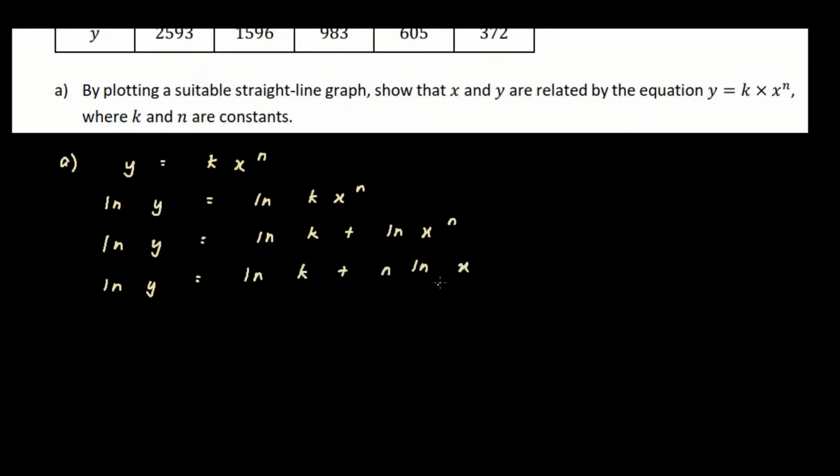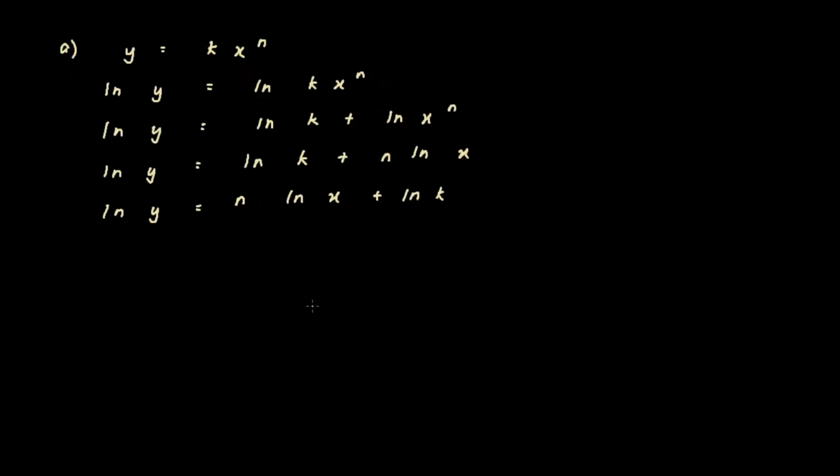You can see that the variable part is still here, so that's why I should try to change the place of the term. When you reach this step, you should realize that this is already in the form of y equals mx plus c.